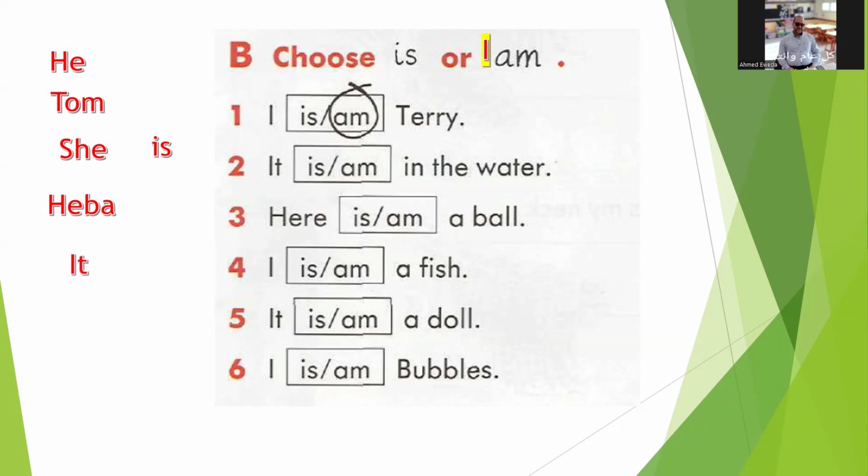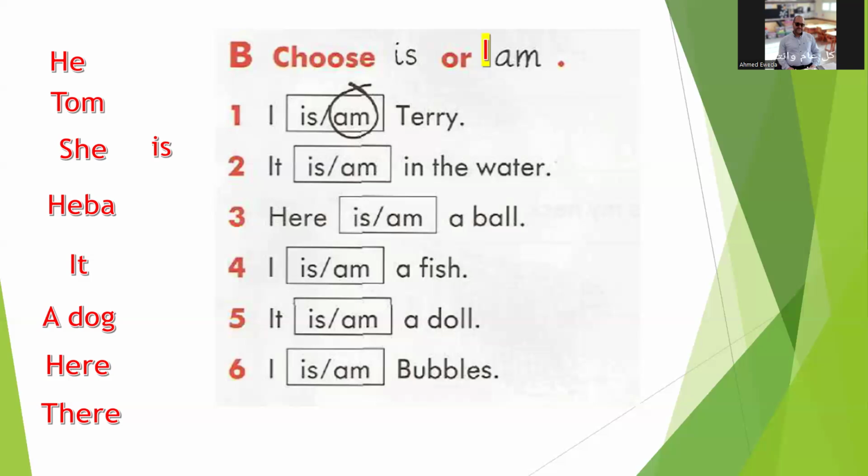And the pronoun it also goes with is. It could be non-human, like a dog is, a cat, and some expressions like here is, or there is. These singular subjects surely take the verb is.